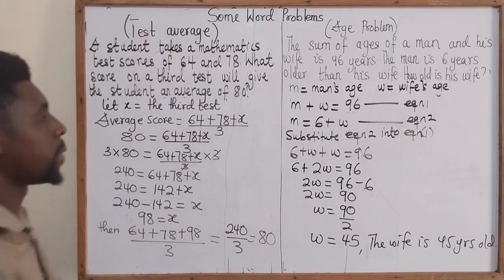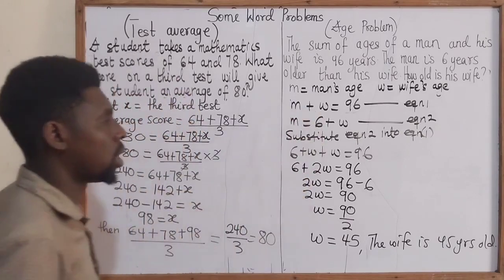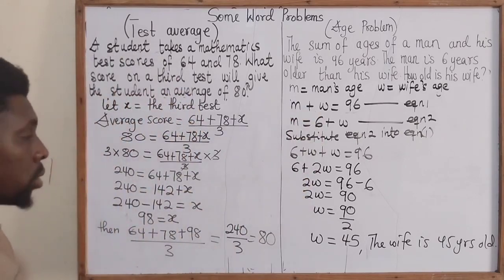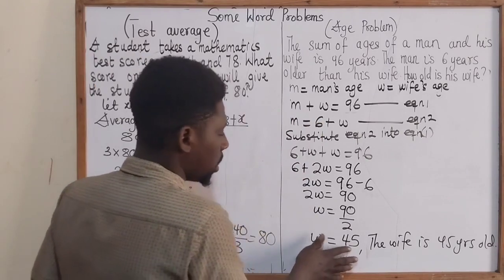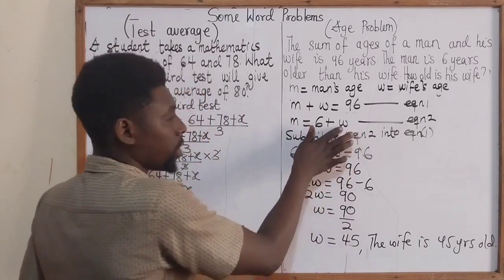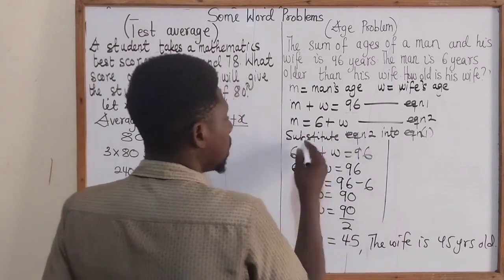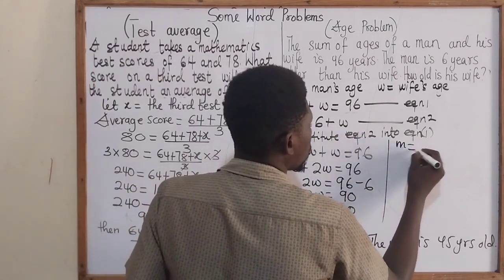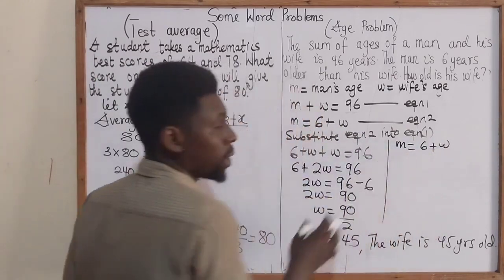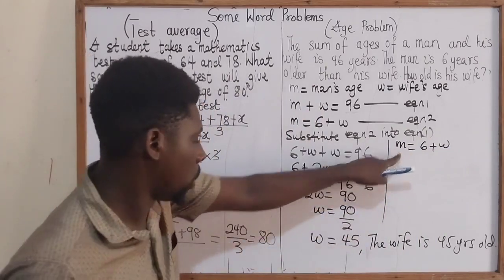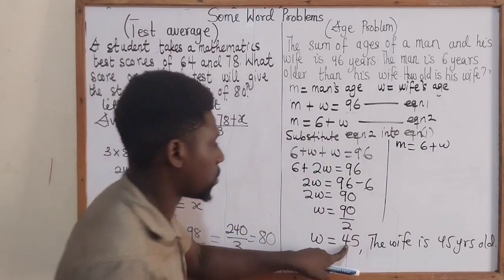All right, so that's the age of the wife. You can go further to find the age of the man. But how do we do that? We just put in 45 over here, okay, into the second equation. The second equation is M equals 6 plus W, right? So to find M, we know W is 45. So let's put in.